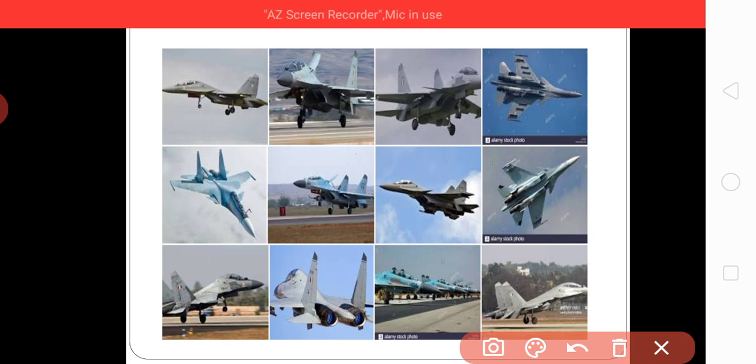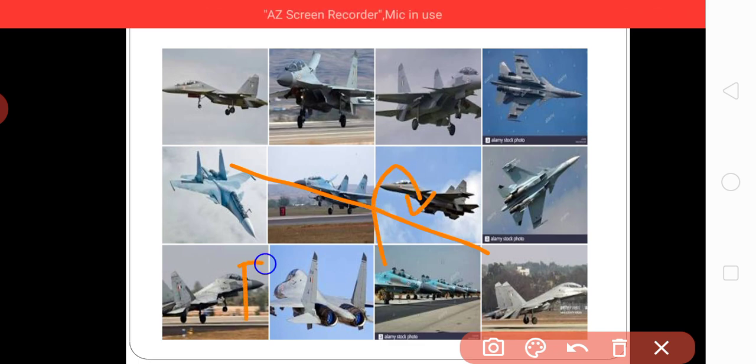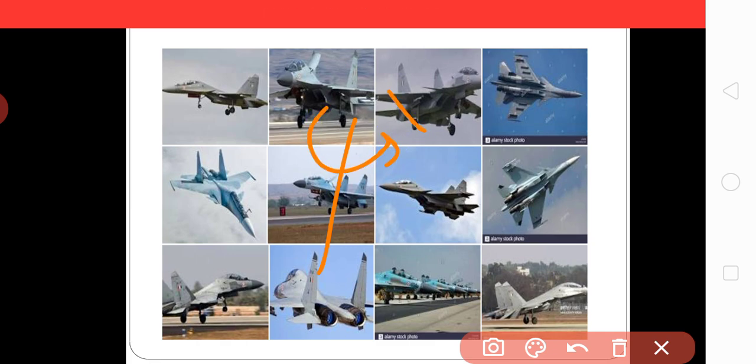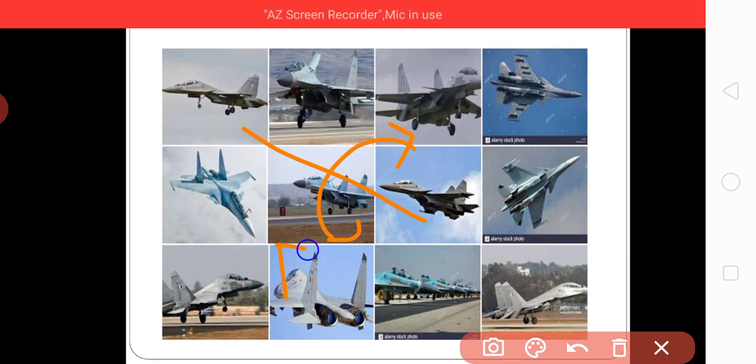You see this aircraft now. This is its longitudinal axis. A rotation about this is called rolling. Similarly, this is its vertical axis. Rotation about it is called yawing. Similarly, this is your lateral axis, and rotation about it is called pitching.